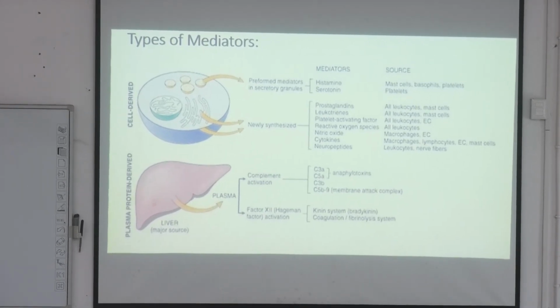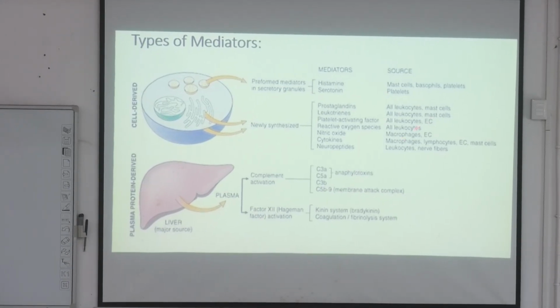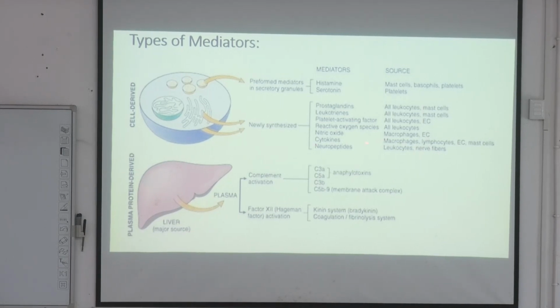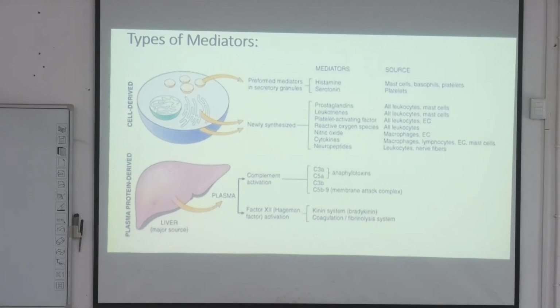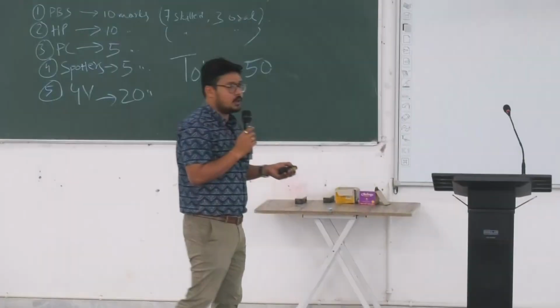Their cells of origin are leukocytes, mast cells, as well as endothelial cells. Nitric oxide comes from macrophages, endothelial cells, nerve fibers, lymphocytes, etc. So there are a variety of cell-derived mediators, mostly newly synthesized, and a few secreted from preformed granules.